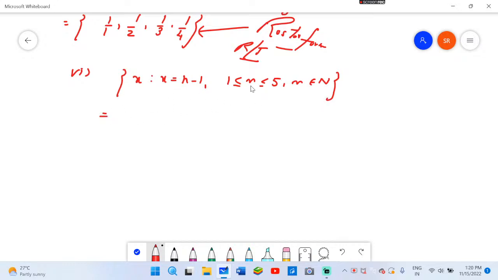Let's put values. n is a minimum 1. 1 minus 1 is 0. X becomes 0. And put 2, 2 minus 1 is 1. 3, 2. 4, 3. 5 is also included. 5 minus 1 is 4. So this becomes set builder form.